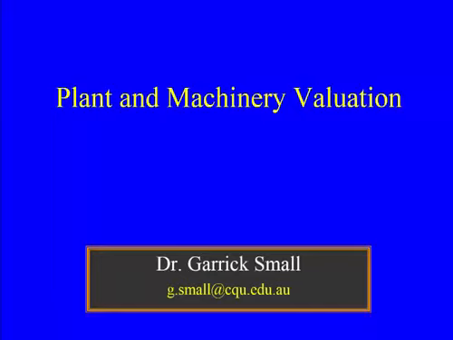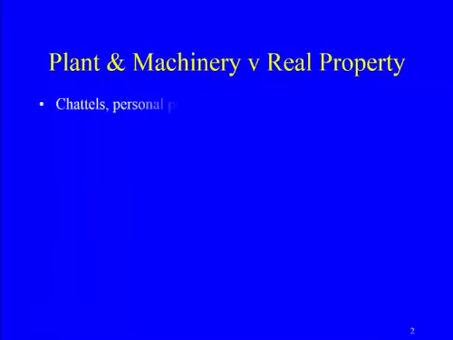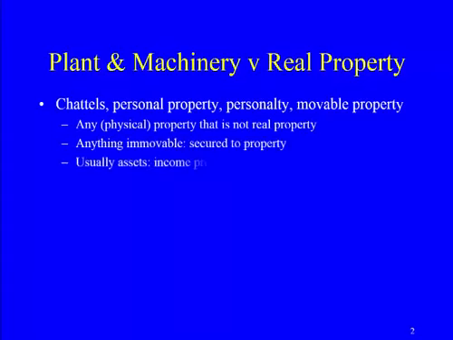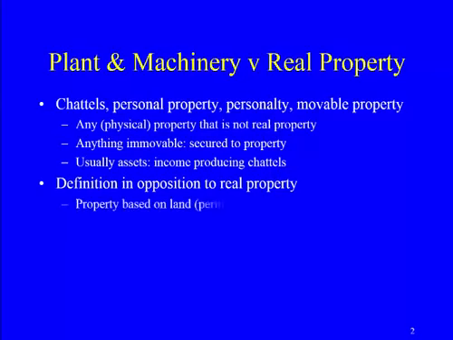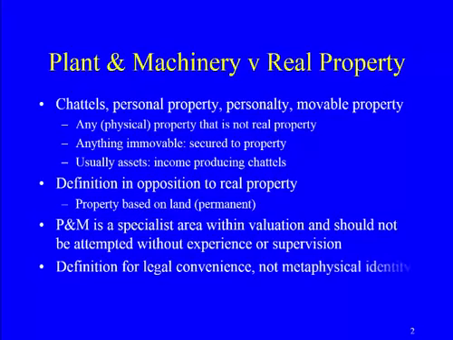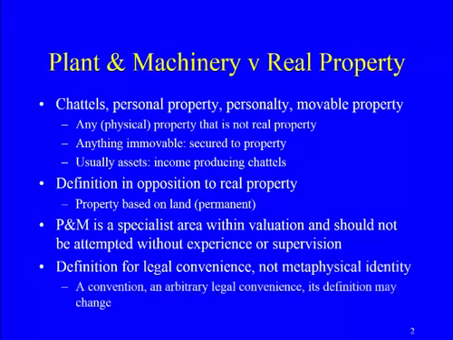Generally, the definition of plant and machinery, or in fact chattels, movable property, personal property, is that it's anything movable, anything that is not secured to property. And in earlier and simpler times, personal property associated with real estate was considered to be those inclusions in the property that were not physically or permanently attached.